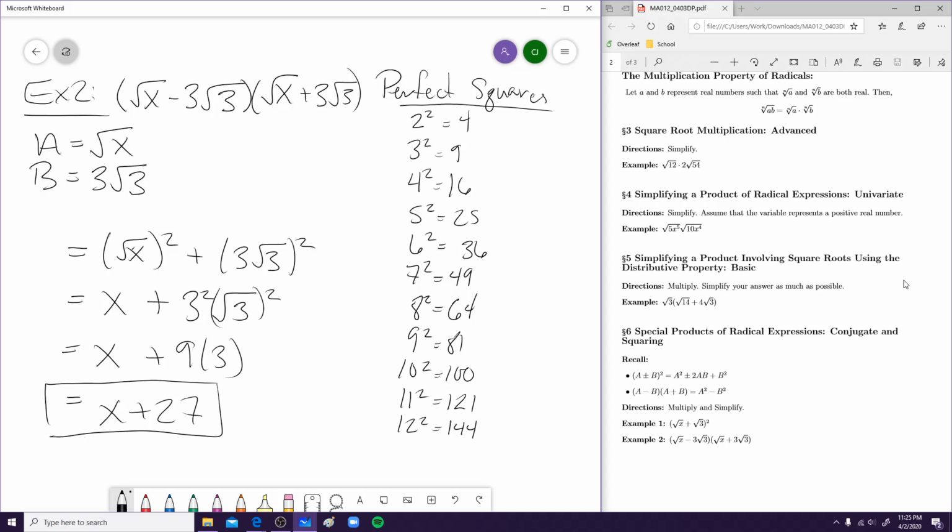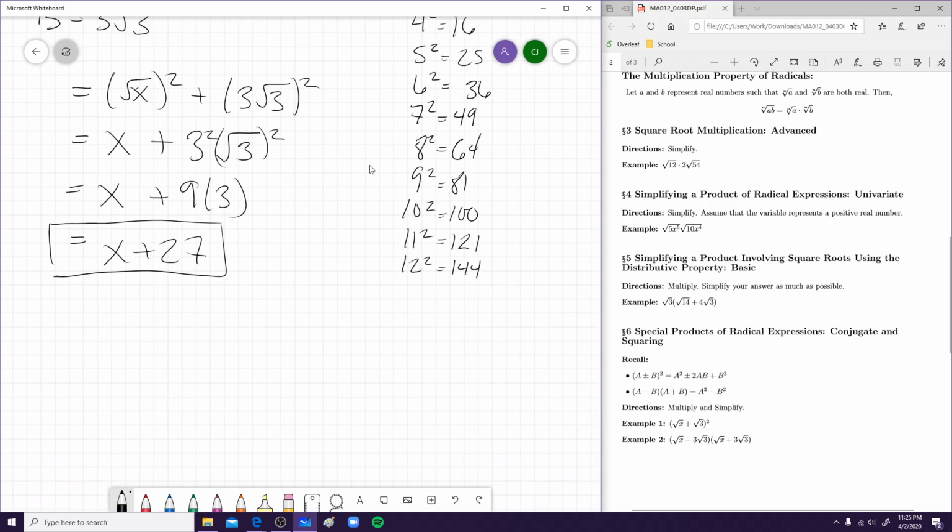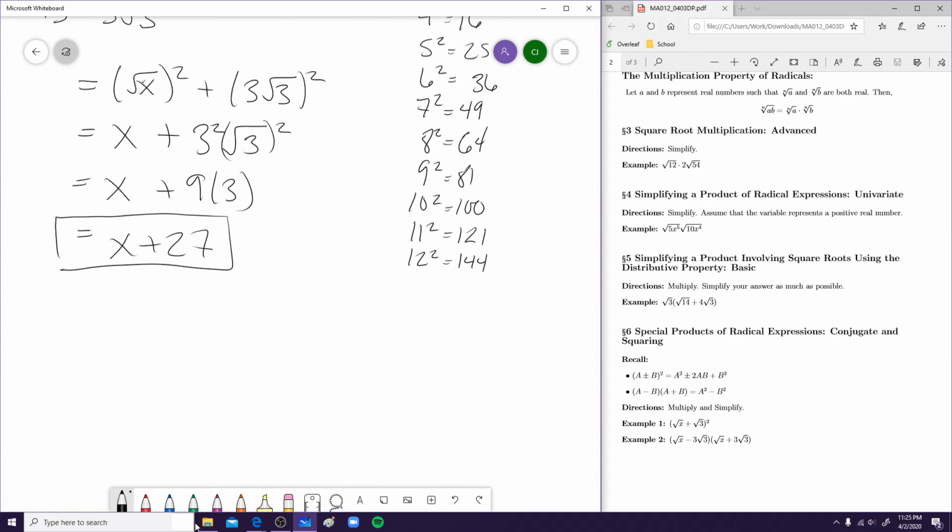Right? So if you don't believe me that you can just put the square on each term, let's talk about it a little bit more. So let's do a different color to know that we're not talking about the example anymore, we're done with this example. If I have 3 square root of 3, quantity squared, when I have a square, what does that mean? This is 3 square root of 3 times 3 square root of 3, right?